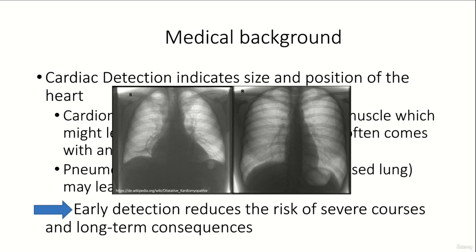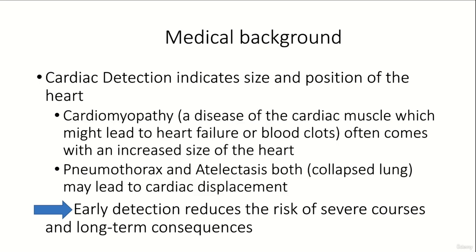In this figure you can see a heart enlarged by cardiomyopathy in the left subplot and a normal heart in the right one. Second to that, a pneumothorax or atelectasis, which both lead to collapse of the lungs, are sometimes accompanied by a change in the position of the heart, shifting it in one direction or another.